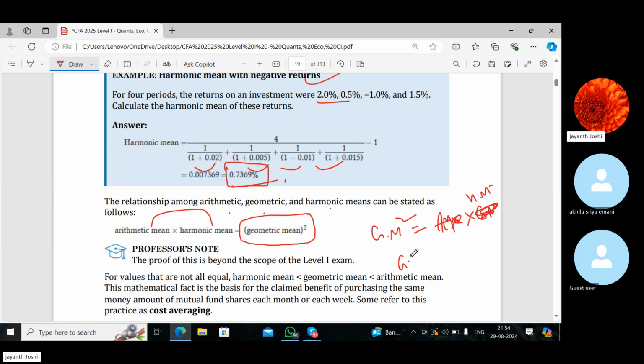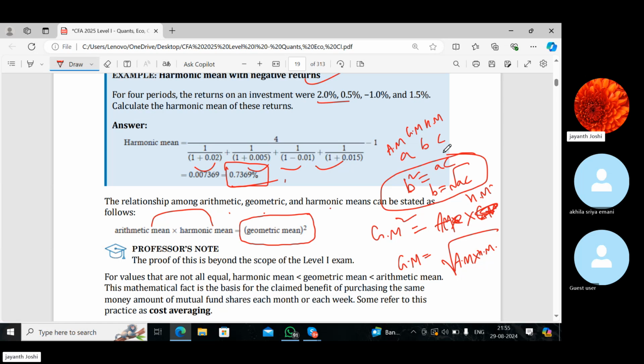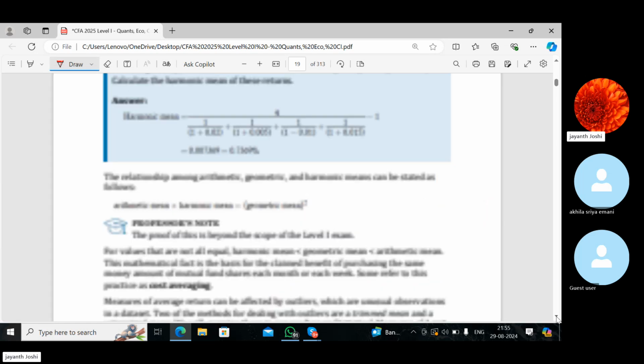That means geometric mean is equal to the square root of arithmetic mean into harmonic mean. If I take A, B, C as arithmetic mean, geometric mean, harmonic mean, B square is equal to AC. B is equal to root AC. This is actually the formula of the geometric mean. Please make a note of this.